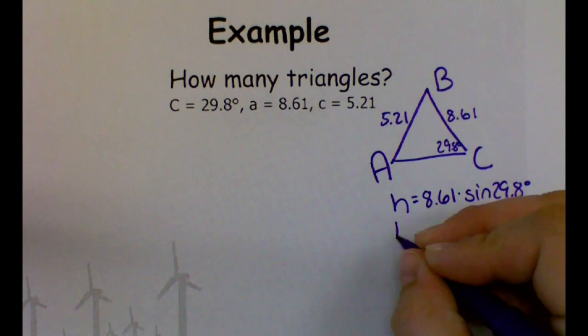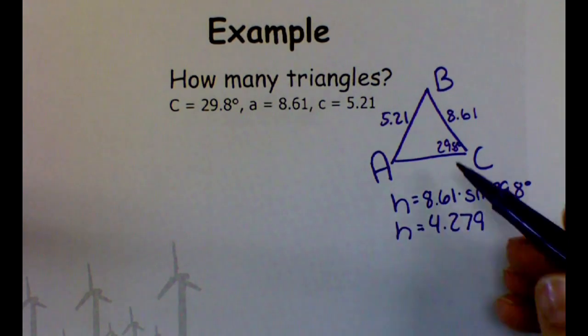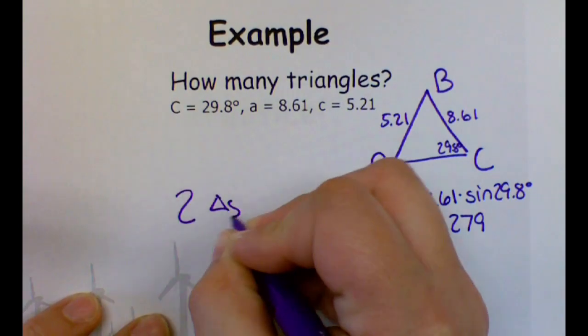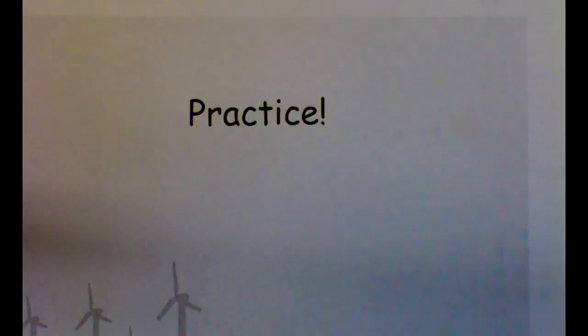So H is 4.279. That is smaller than both of these sides I'm given, which means there are 2 triangles. We've got some practice we will do on this.